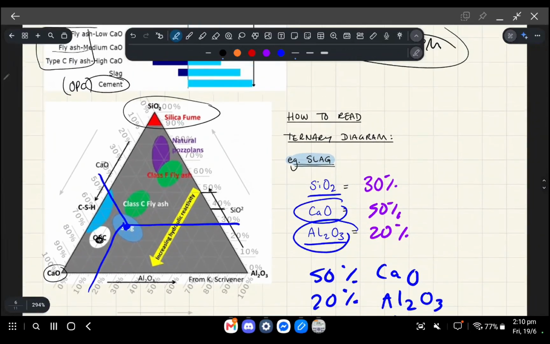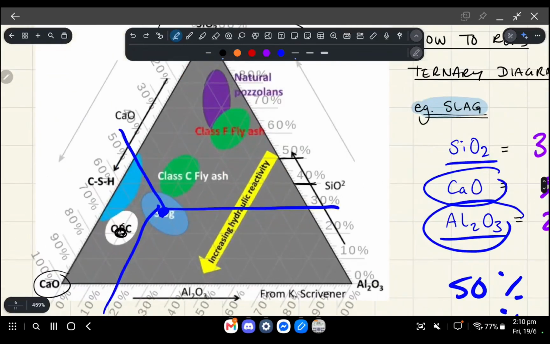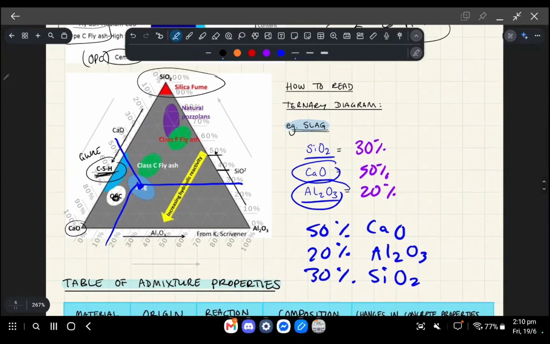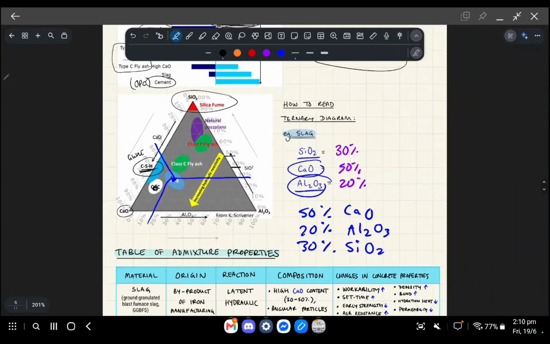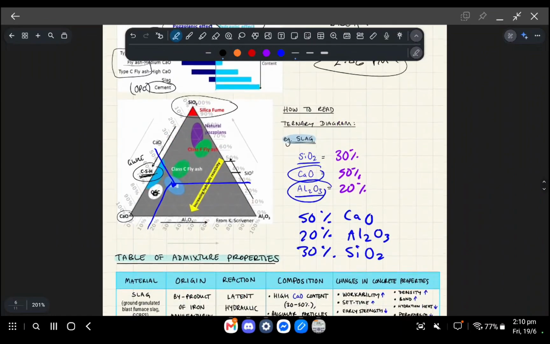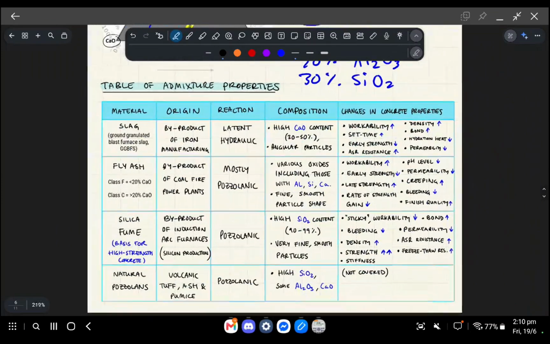And then you've got the spectrum of other things going on. CSH is your glue product, and it's just telling you that it sits over here. Any questions about how to read that? I think there's an example of it in one of the questions.